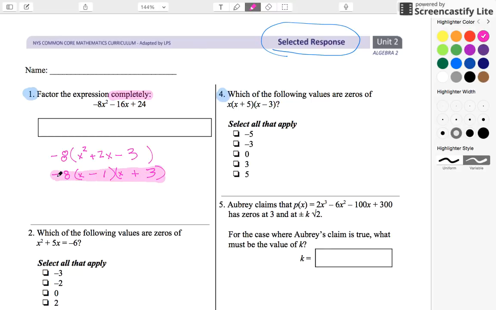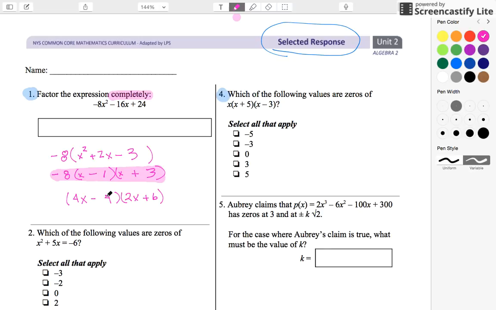This was the lowest value. I think only 30% of students got this right out of the whole algebra class. Now, a lot of people factored this and did something different, like 4x minus something, and then 2x plus 6, or 4, something like that.